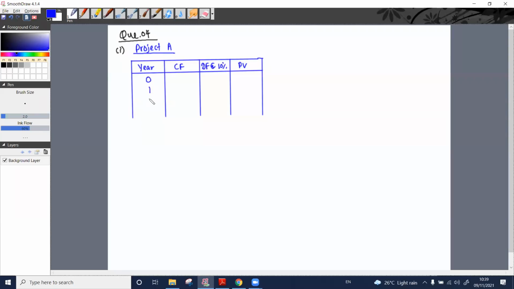Years 0, 1, 2, and 3. For project B also, we need to perform the same.